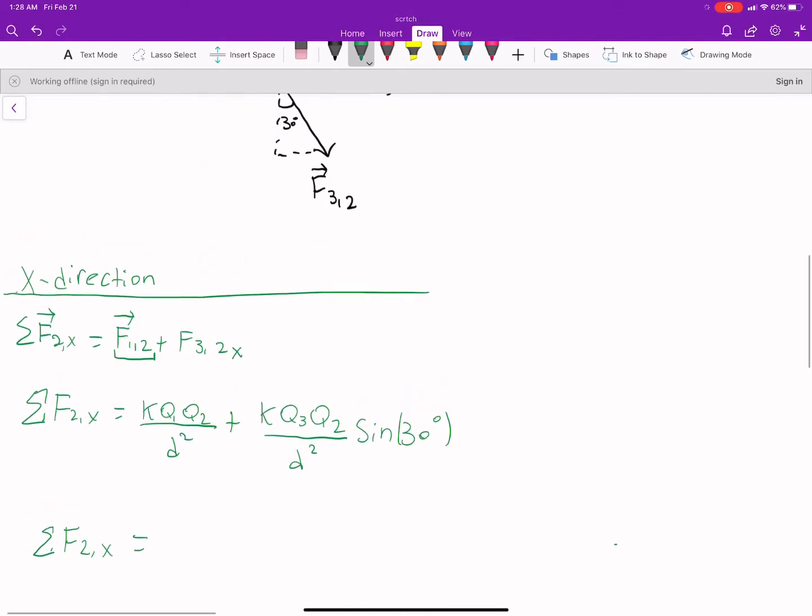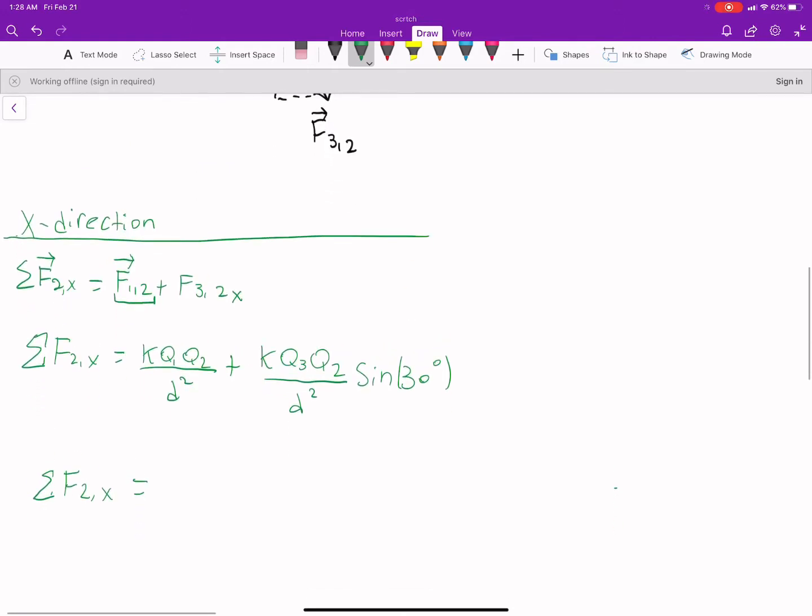What we're going to do is factor out a K Q2 over D squared. We're left with Q1 plus Q3 divided by 2.